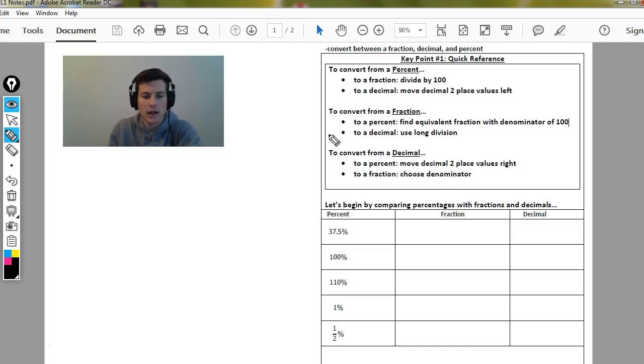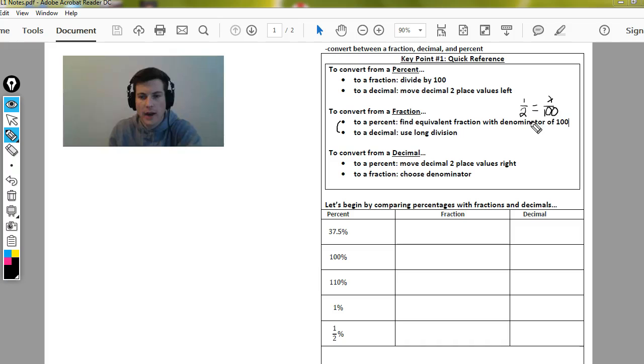This might seem like a lot of ideas. Really, to me, these are in pairs. So there's a pair, and you can link these up on your notes if you want. From a fraction to a percent, if you think about equivalent fraction, that's just saying, hey, if you have, let's say, a fraction of 1/2, and you can write this in your notes, 1/2 equals, well, what's the equivalent? X, some number over 100.